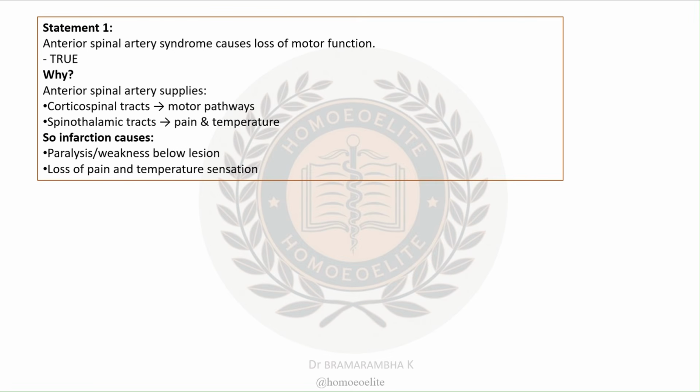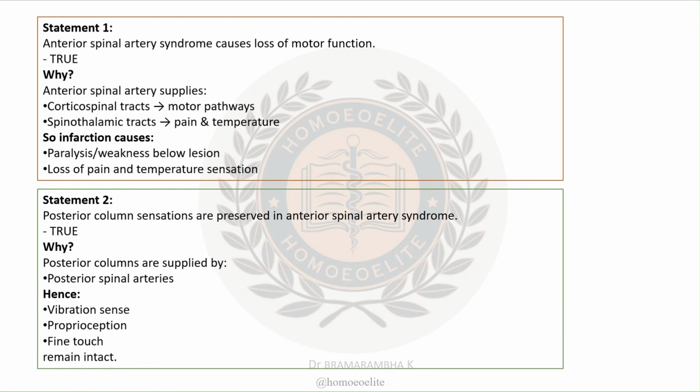The corticospinal tract is related to motor pathways, whereas the spinothalamic tract is related to pain and temperature. Any infarction here causes paralysis or weakness below the lesion, and you can also experience loss of pain and temperature sensation.